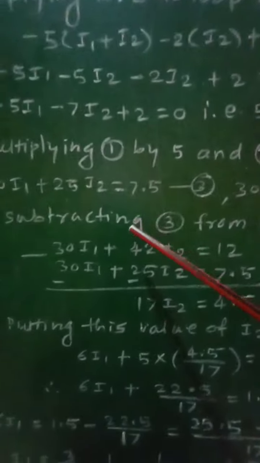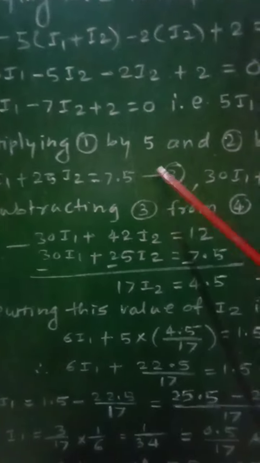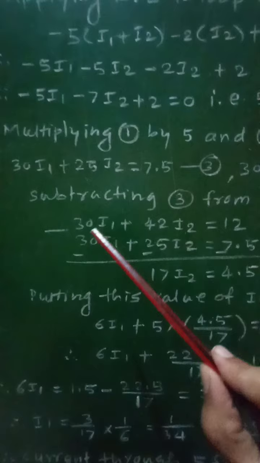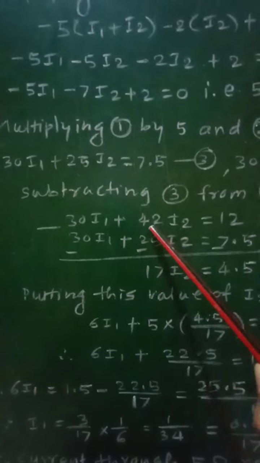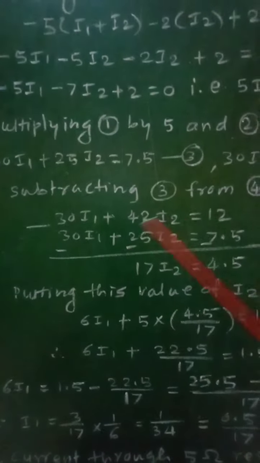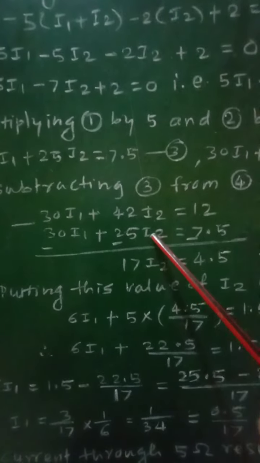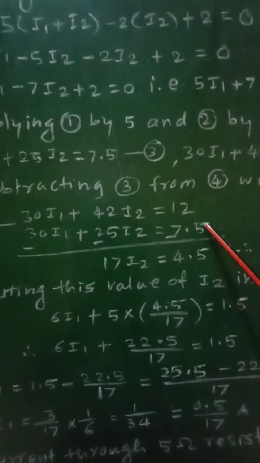Now subtracting equation 3 from equation 4, we will get 30 I1 plus 42 I2 equal to 12 minus 30 I1 plus 25 I2 equal to 7.5.